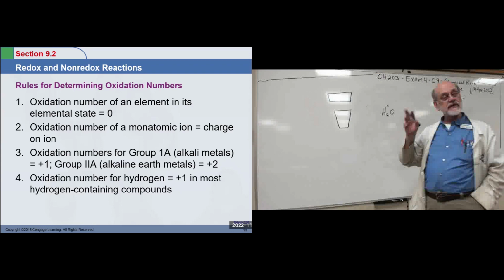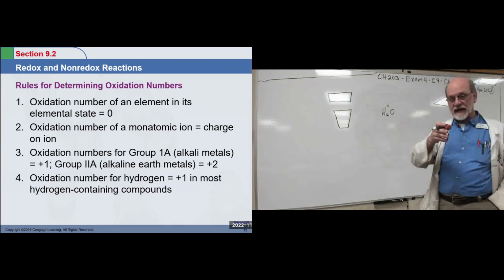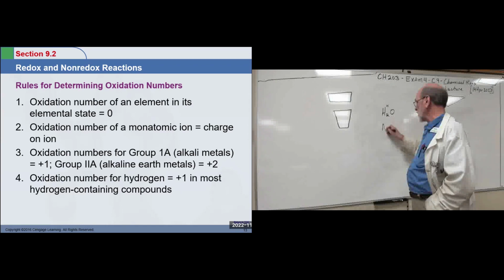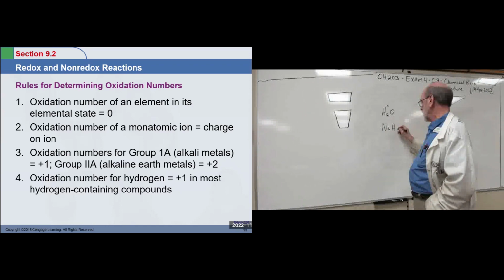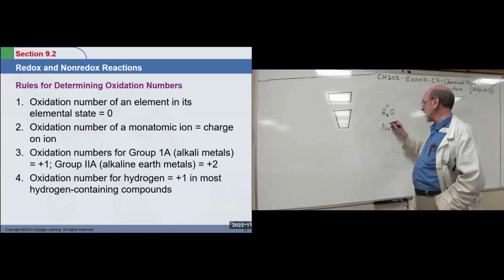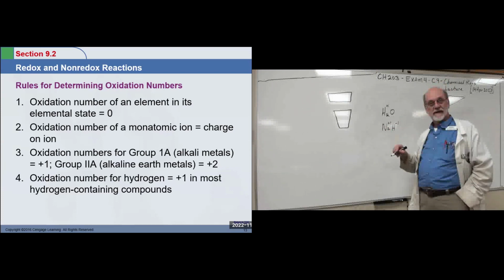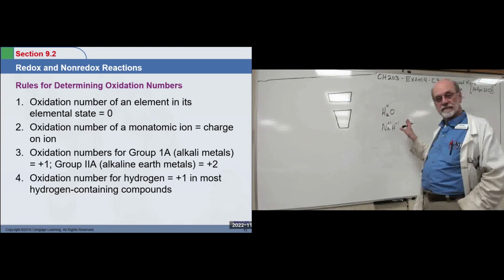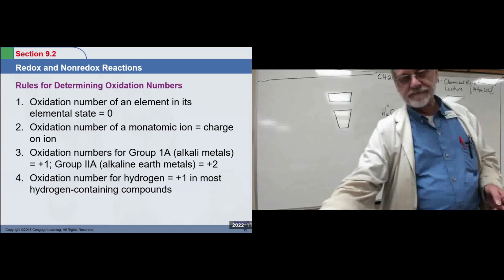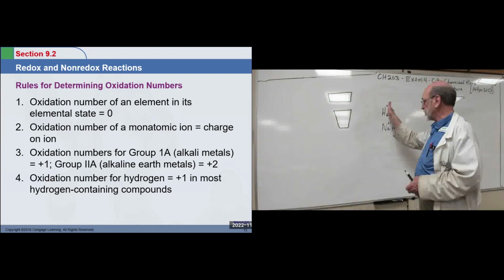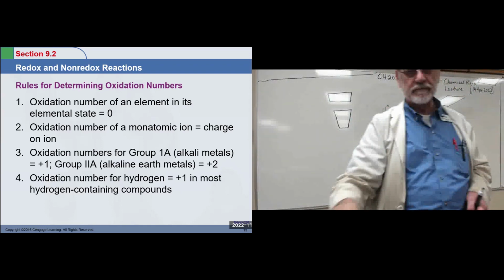However, if hydrogen is combined with a metal, and it may not be in this list, if hydrogen is combined with a metal like sodium, it's a -1. Because the sodium is an alkali metal, it has to be a +1. That's sodium hydride, which would make hydrogen a -1. But most of the time, and particularly when hydrogen comes first in the compound, it's a +1.